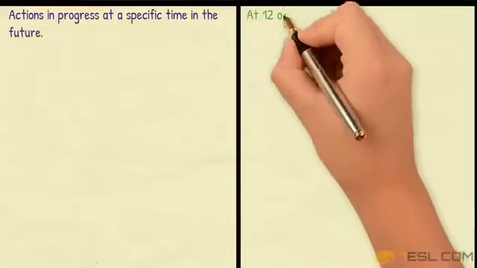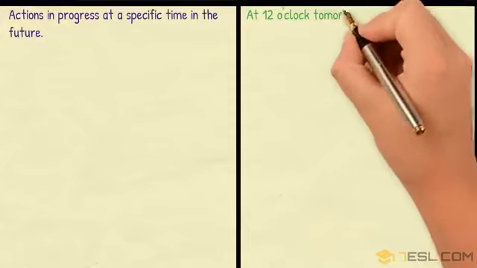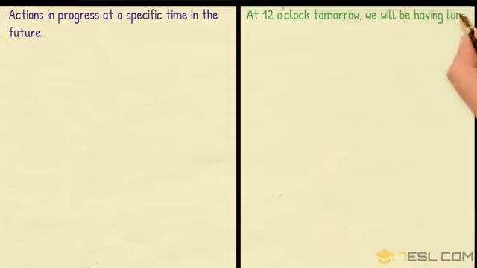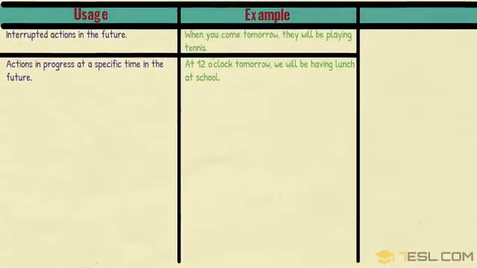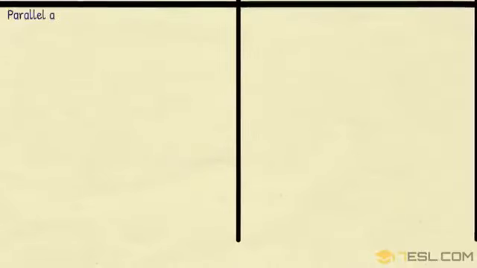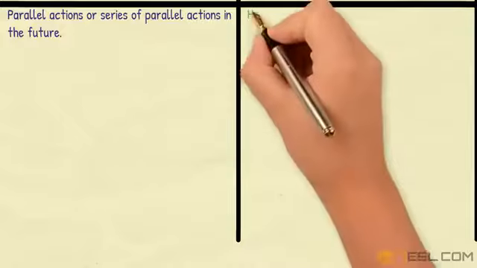Actions in progress at a specific time in the future. At 12 o'clock tomorrow, we will be having lunch at school. Parallel actions or series of parallel actions in the future.